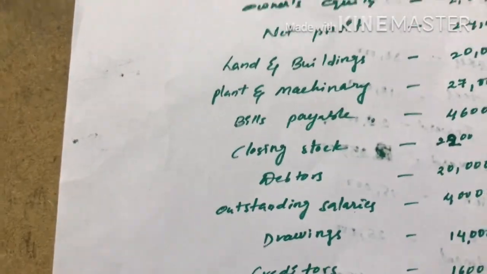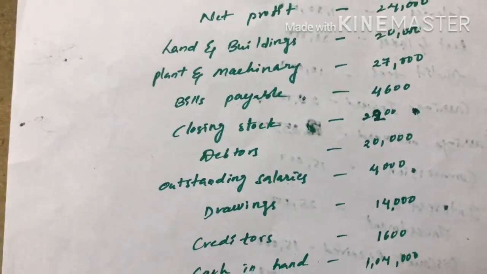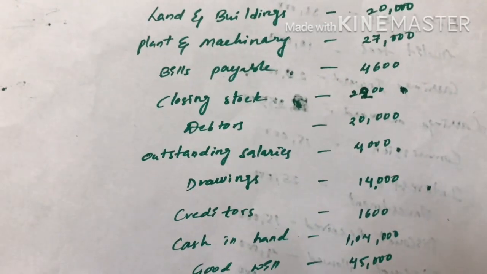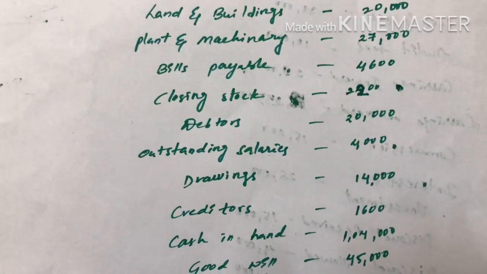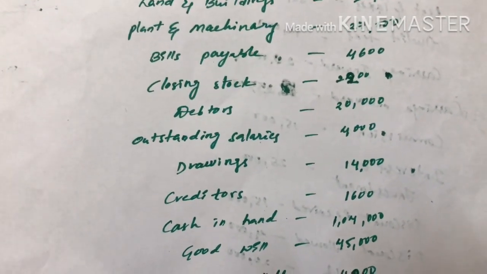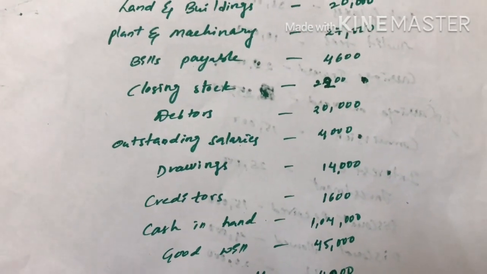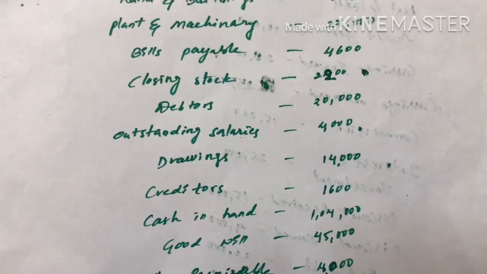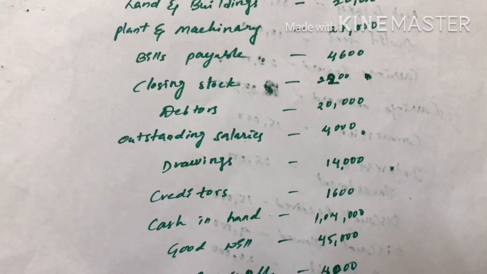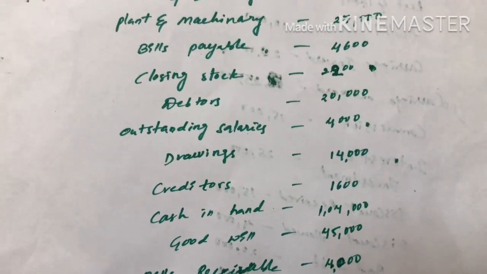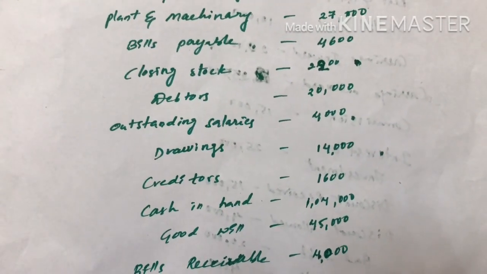And the next one, closing stock. The closing stock is an asset, so the closing stock is written on the asset side. Once you remember the format, which side the closing stock is on, you can learn it by watching this video many times. If you remember what you write on the liability side and what you write on the asset side, it will be easy to prepare the balance sheet or any other sheets.